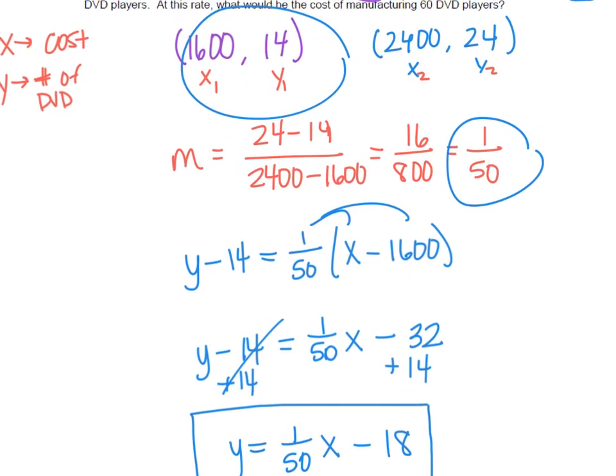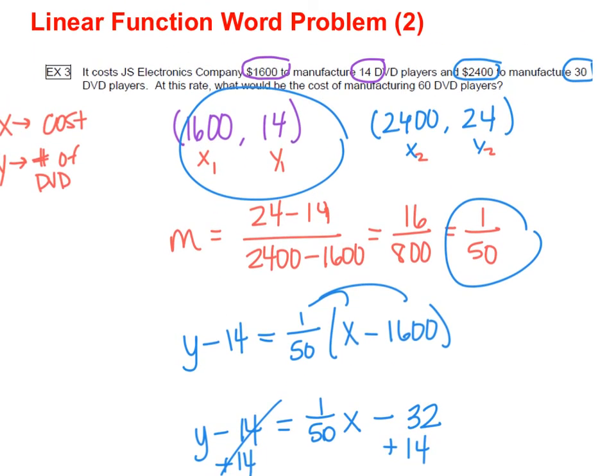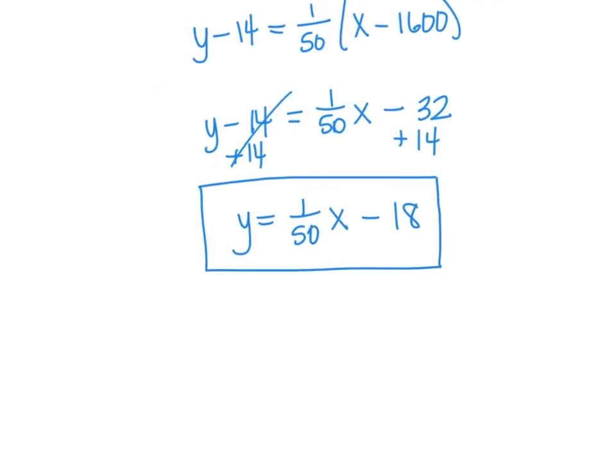Alright, this equation models the situation, and that is going to allow us to answer the question that they asked, which I don't even remember what it was. Let's see. At this rate, what would be the cost of manufacturing 60 DVD players? So let's go back down here. We know that we have 60 DVD players and we want to know the cost.